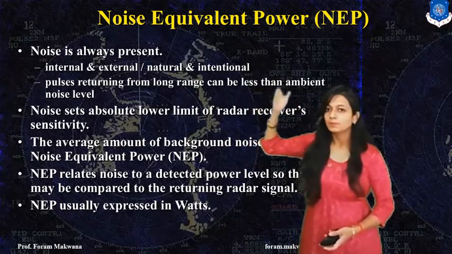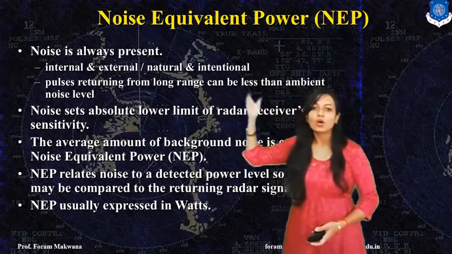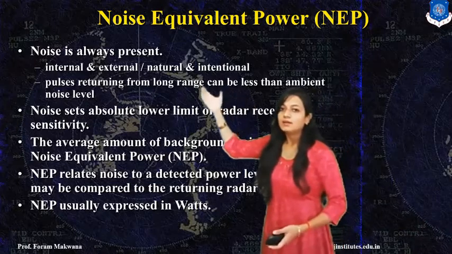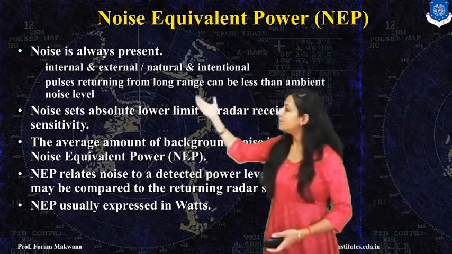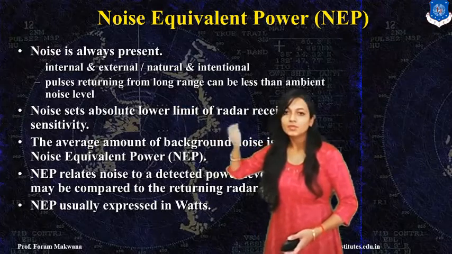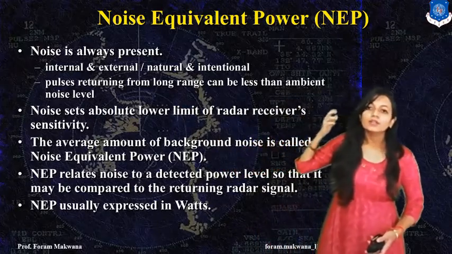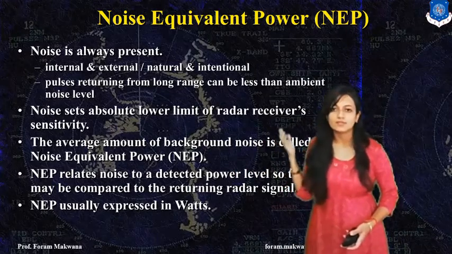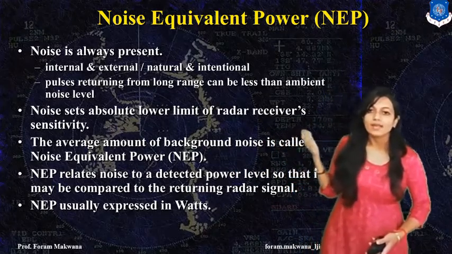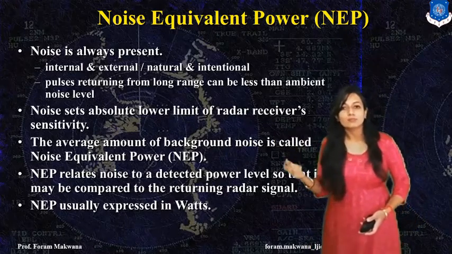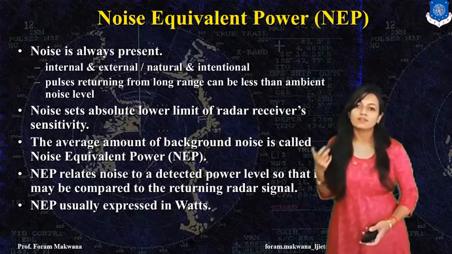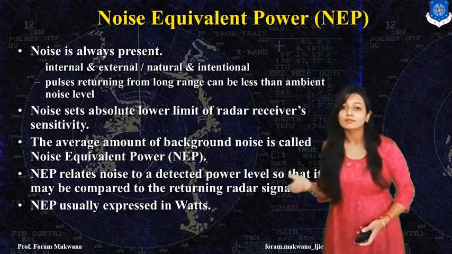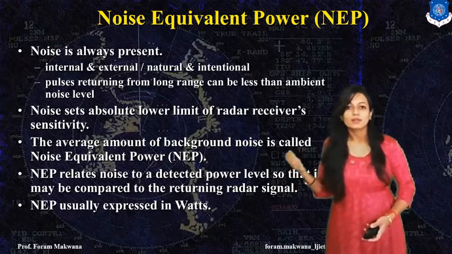So a pulse returning from a long range, that is from a long distance, can be less than the ambient noise level, so it also sets a lower limit for the radar's receiver sensitivity. As I told you, the average amount of background noise is called the noise equivalent power. It is always expressed in watts, because it is nothing but a power.